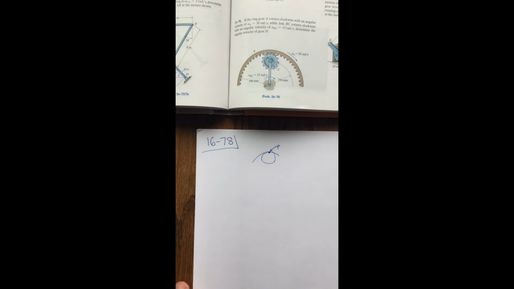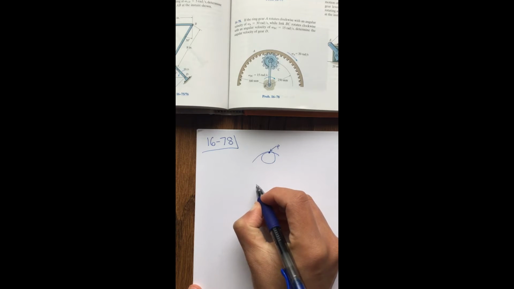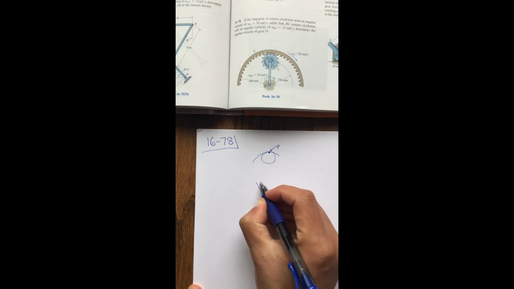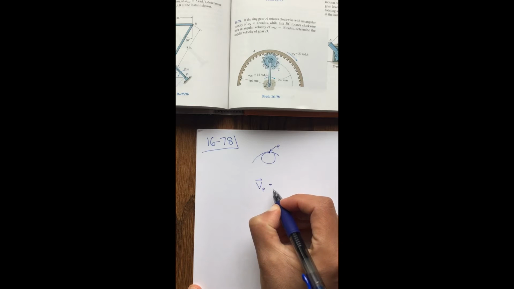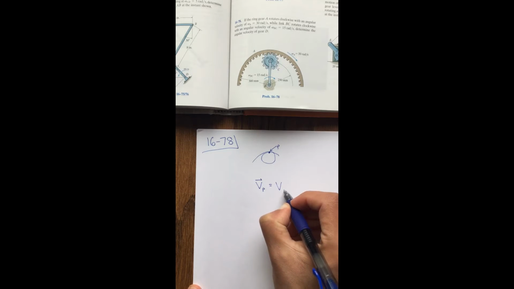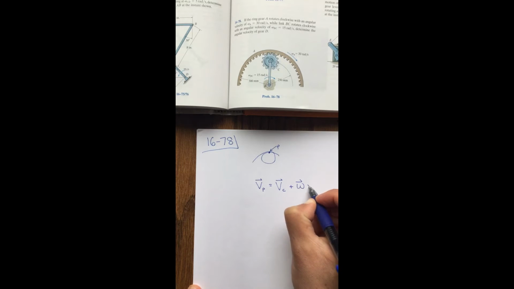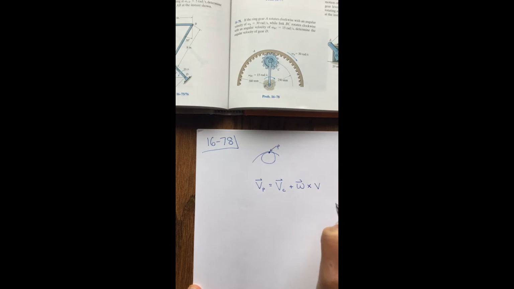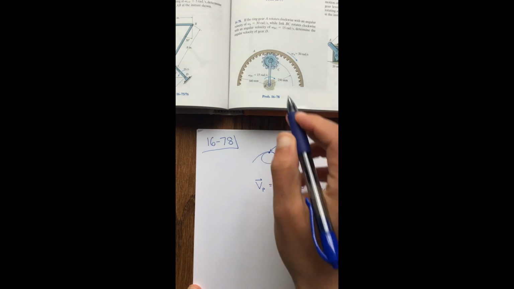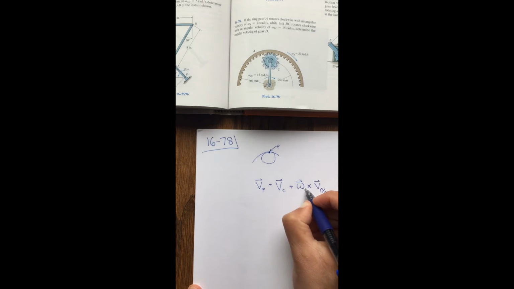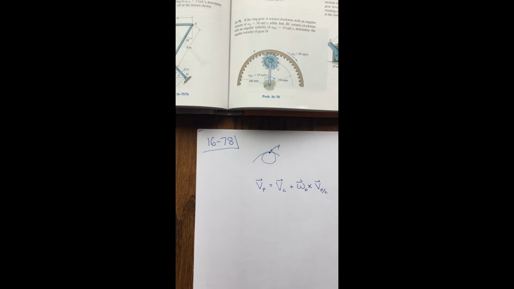When I use equation 16-16, I can say the velocity of point P is equal to the velocity of point C plus my angular velocity crossed with my vector which points to P from C. And this angular velocity here would be the angular velocity of gear D.